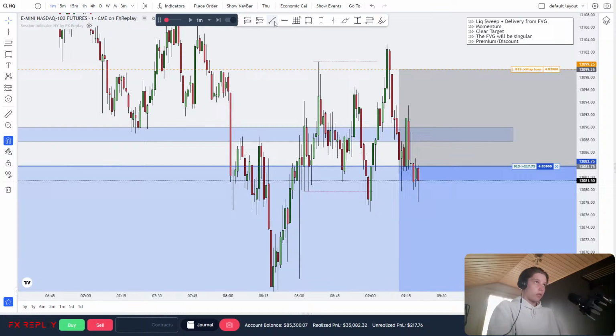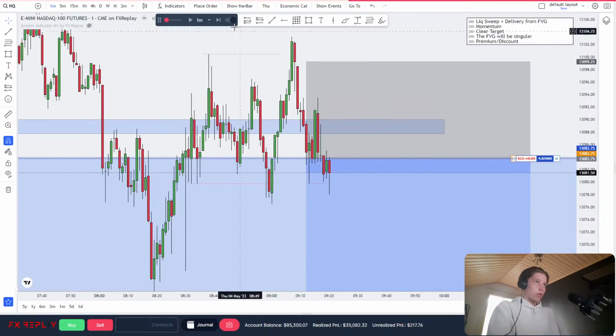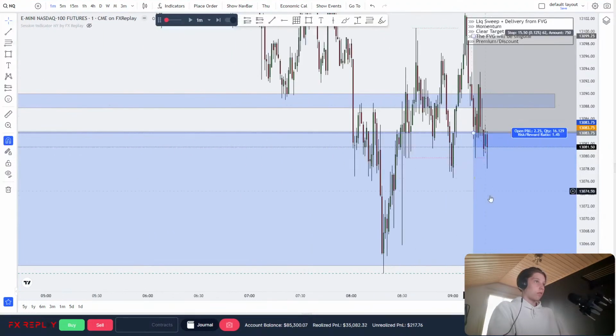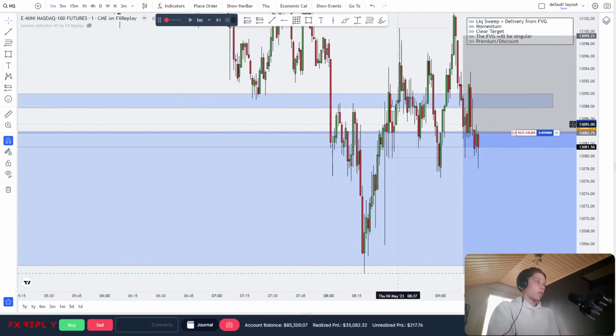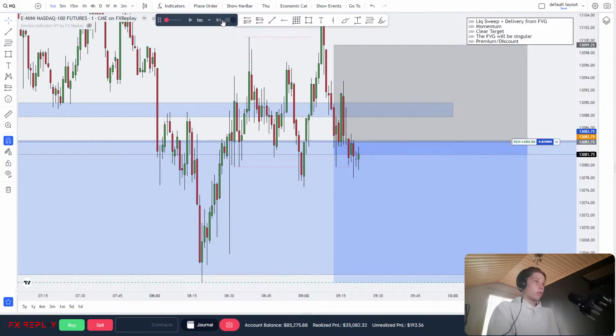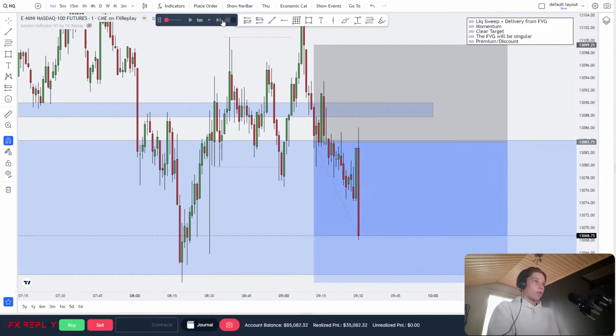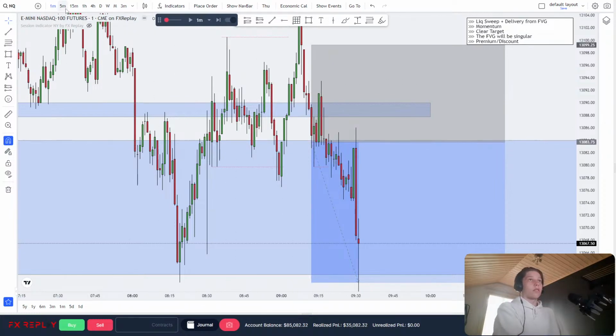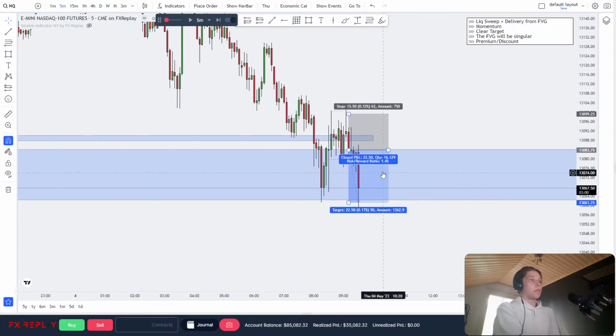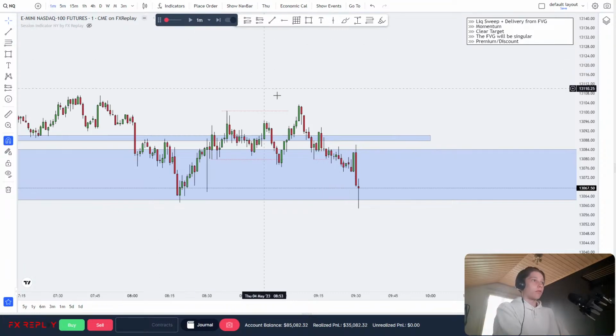Okay, internal high swept. We have to remember that sometimes it hits our break even and still runs, but we have to do what our rules say. Even this would have been a nice winner, but what can I do?